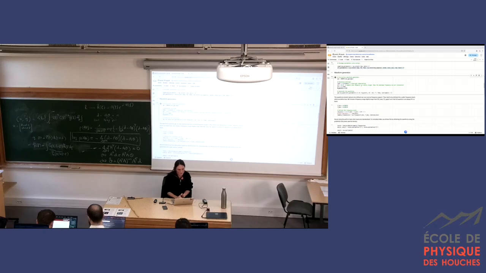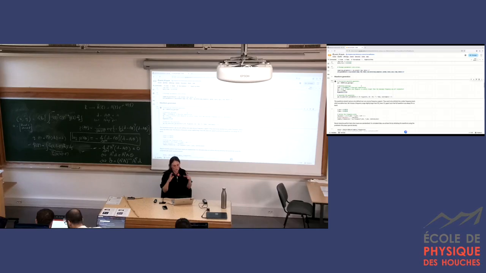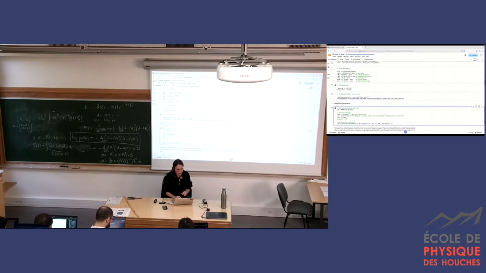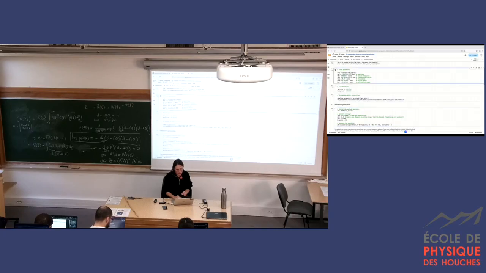So here we create all the waveforms together, because this is the advantage of this waveform implementation, and I think FastGB also has it now, that we can create the waveforms in batches. So if we define here the parameters, they are given in batches.